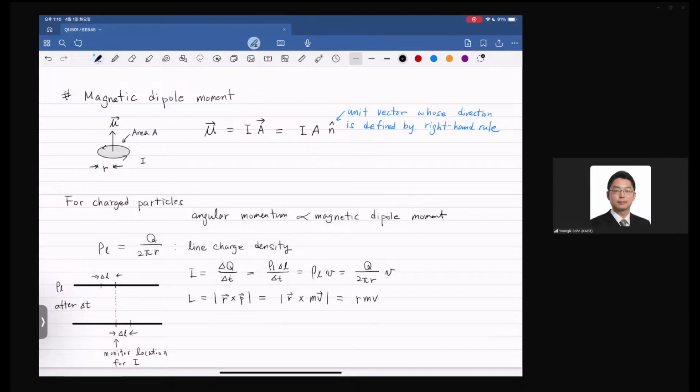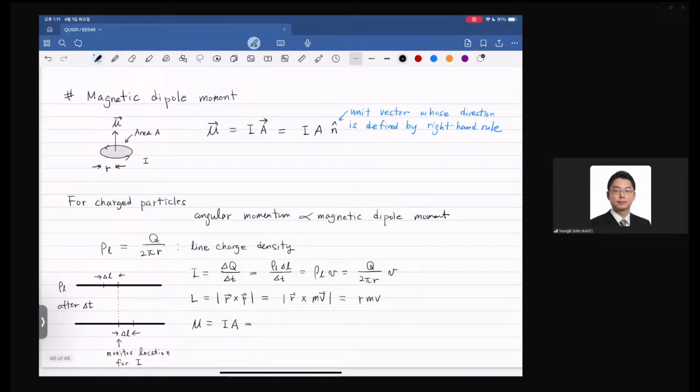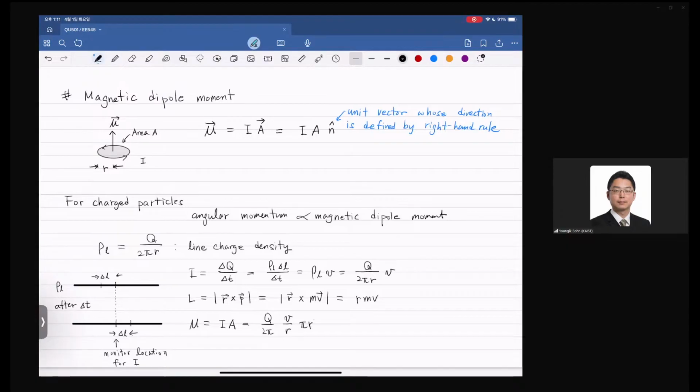Everything is uniform across the loop. And then mu equals IA. I'm just calculating its amplitude, to make things simple. So I, we have discovered there, right? Q over 2 pi RV. Let me write it this way. Okay, that's I. And A is what? I'm assuming a circle, pi R squared, right?